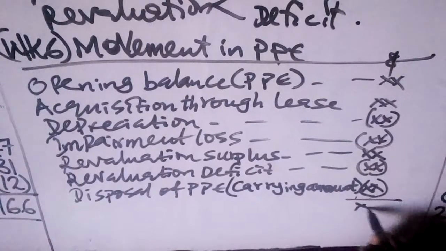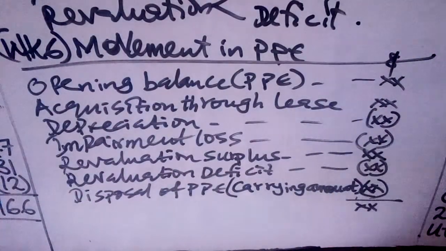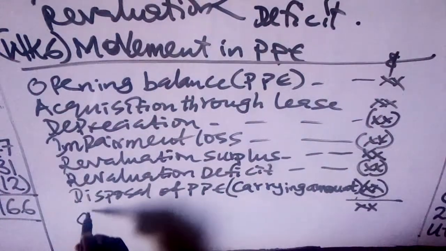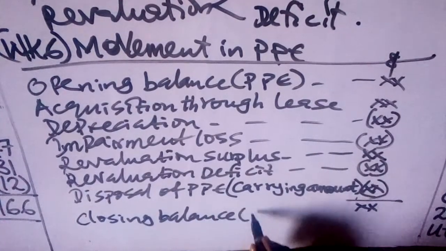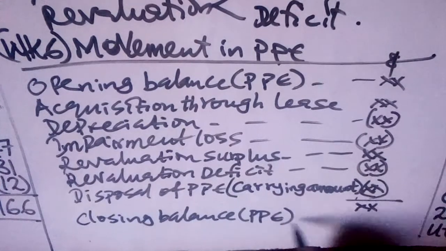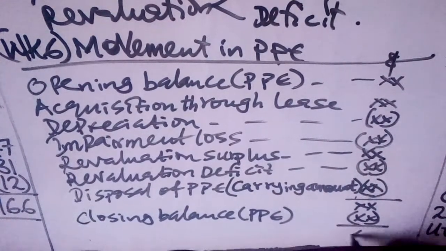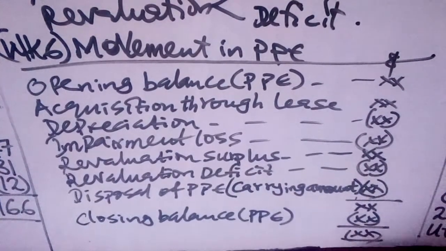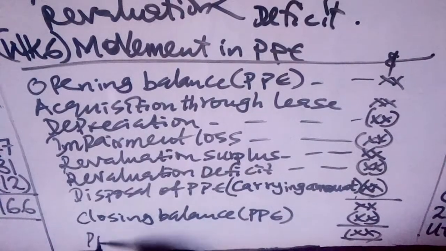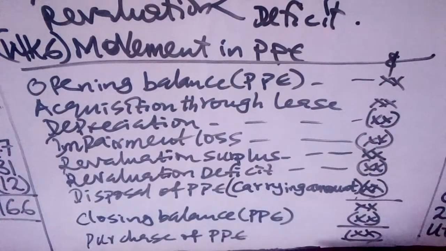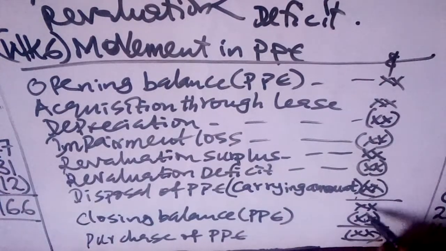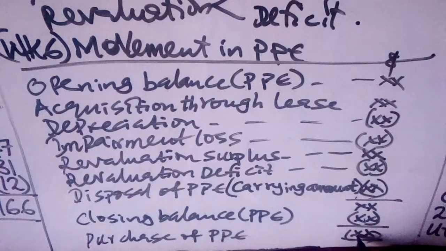After this adjustment, you less the closing balance of PPE. The difference will be the purchase of PPE. If the closing exceeds this, that means more PPE have been bought, and it will be negative.